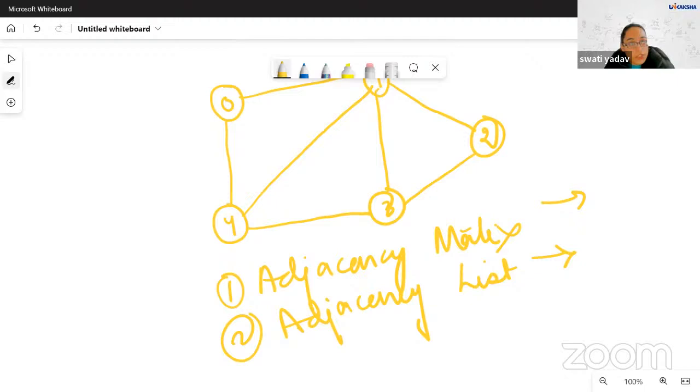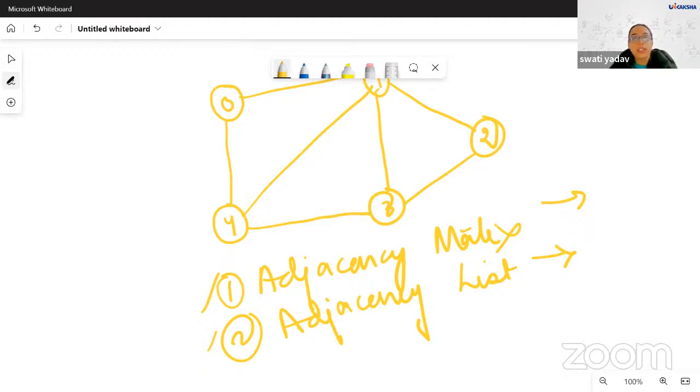There are other representations also, like the incidence matrix or the incidence list. But these two are the most commonly used. They are more practical, you could say, in usage.